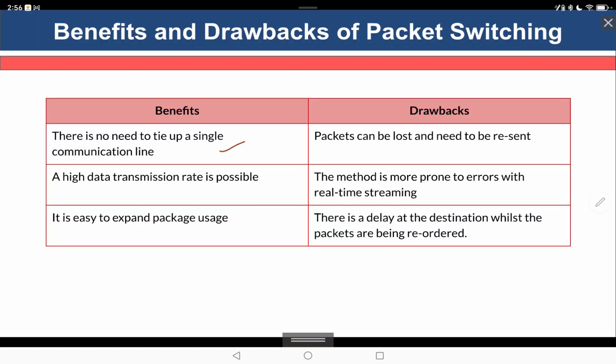The data packet does not need to wait for one packet to go through a line and then use the line. No. The data packet can use any route that is available. Then a high data transmission rate is possible. Data can travel faster using the best available and shortest path to its destination.